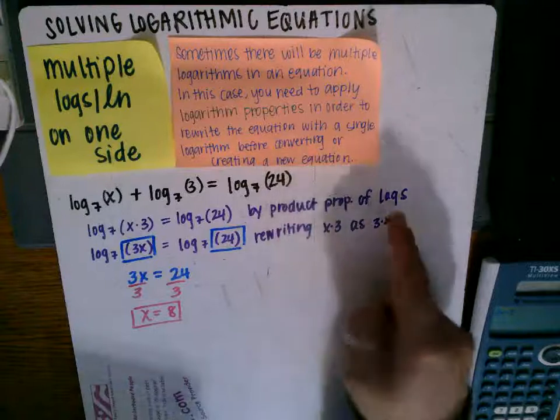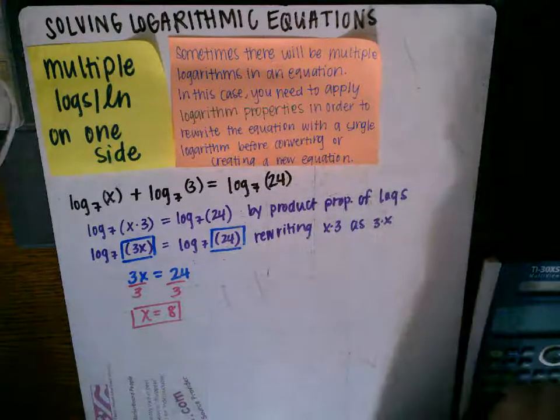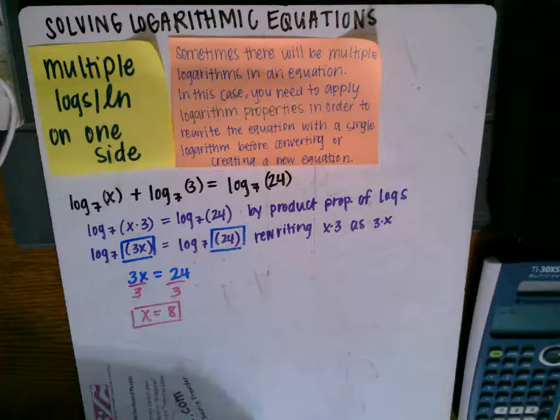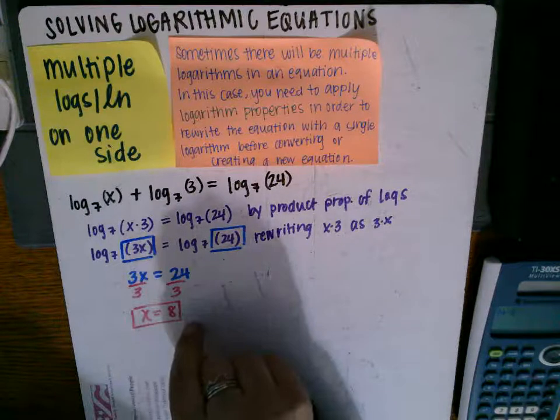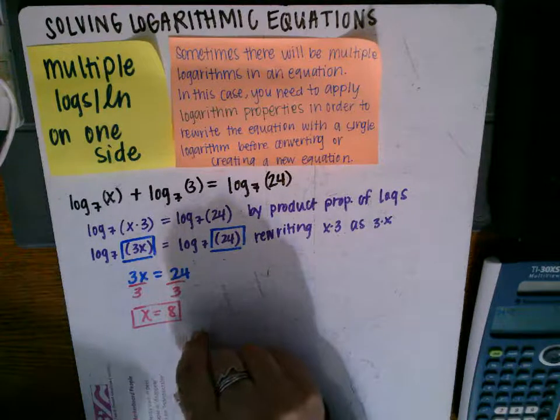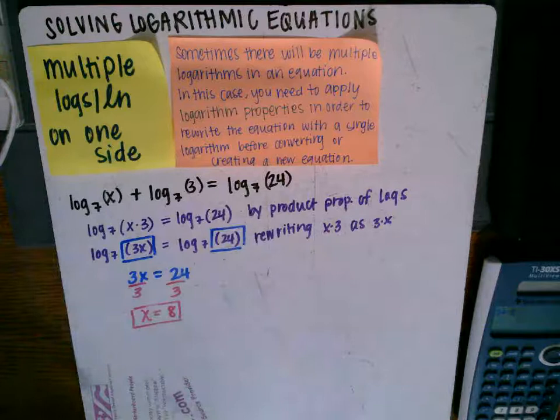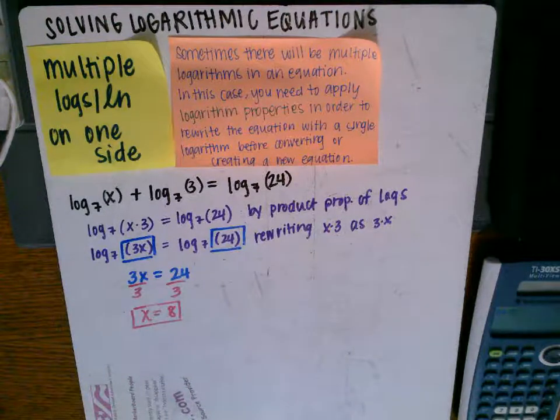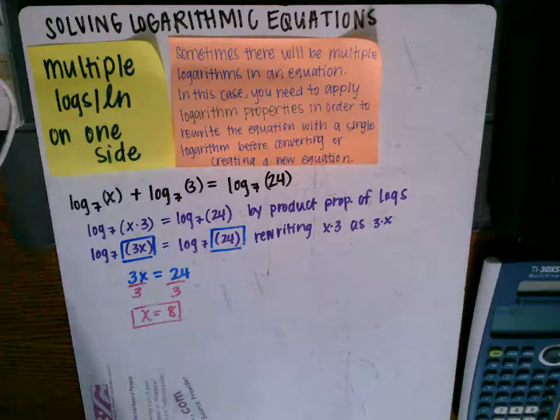Look, product property of logs. We used a property of logarithms, so I need to check my answer. Although my answer is a positive value, doesn't necessarily mean it's not going to lead to a positive input. So I should just always get in the habit of checking if I use properties of logs, or if I have a quadratic, I better just check it.